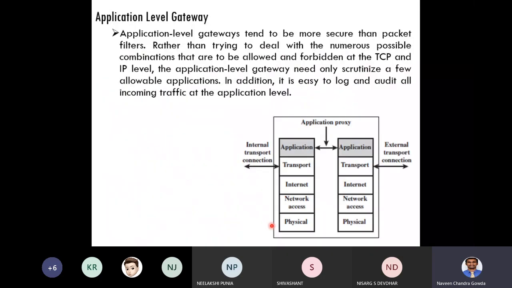With respect to this, you can observe clearly where you are bothering at the application layer, because till the transport layer you only bother, as I repeat again and again, about connectivity, whether it is a TCP connection or a UDP connection.